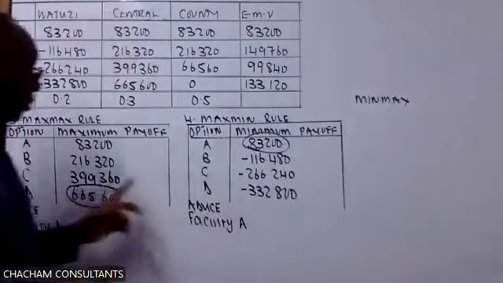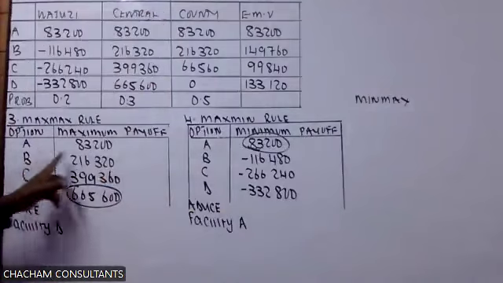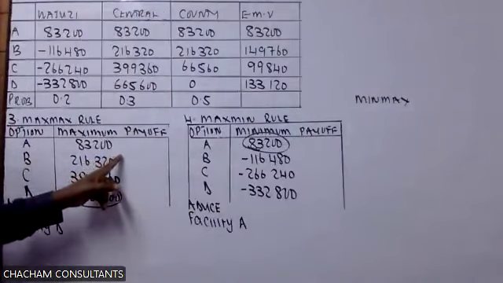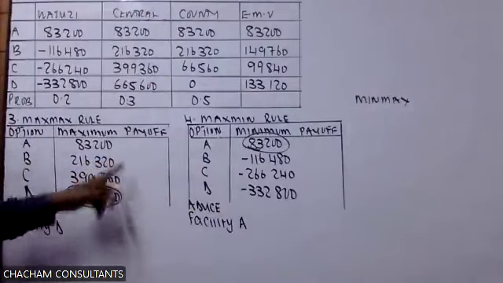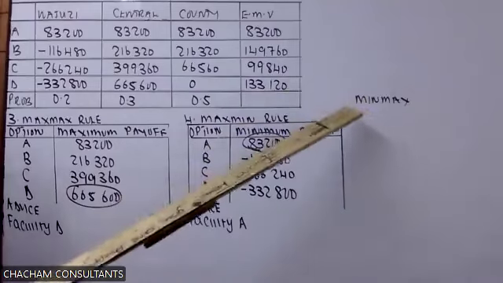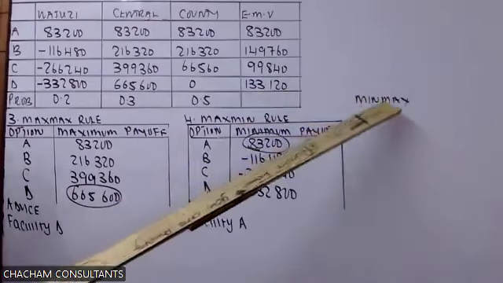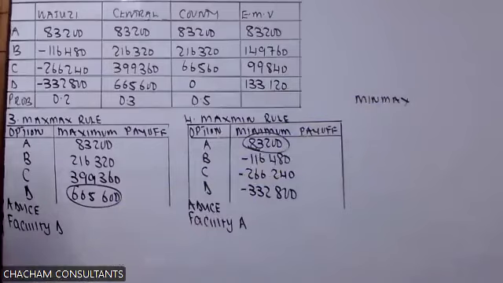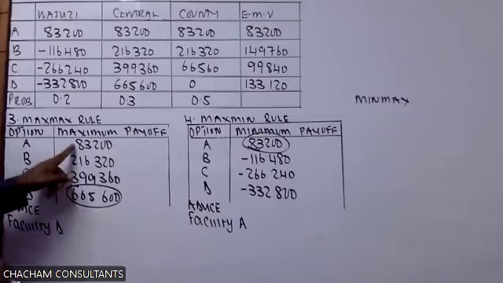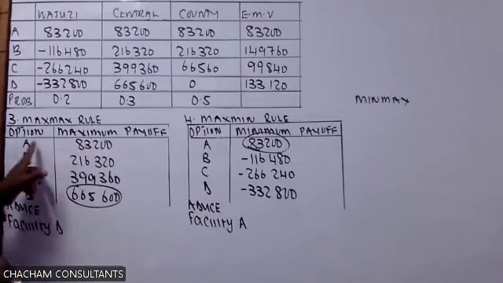So you will have a table like this, option and the maximum. Then this rule, we read as select the minimum of the maximums. So the minimum of the maximums will be this one. So if we are using minimax, we will recommend facility A.